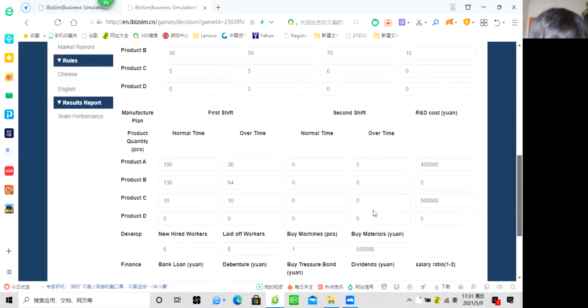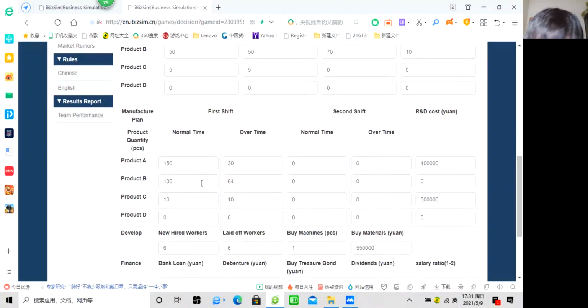So where is the production? Production is here. Where is the factory? The factory is located in Kathmandu. The 4 products are produced in Kathmandu.